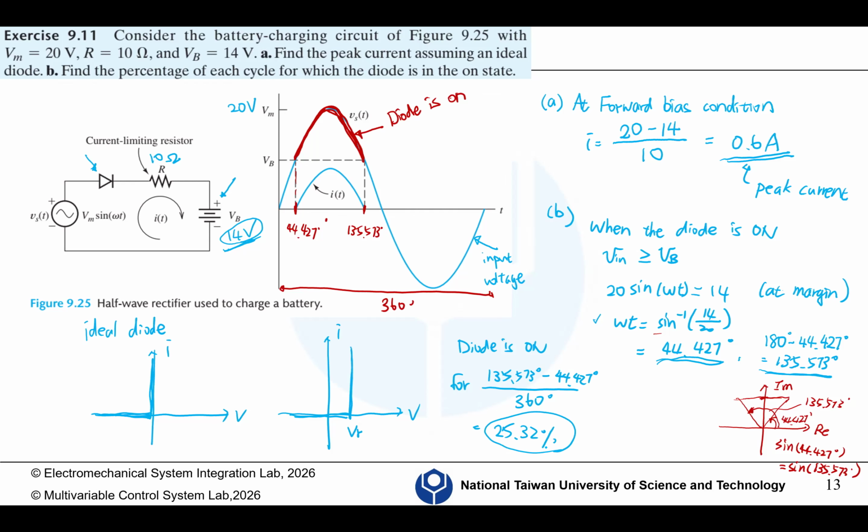So the diode is on for 25.32% of the cycle.